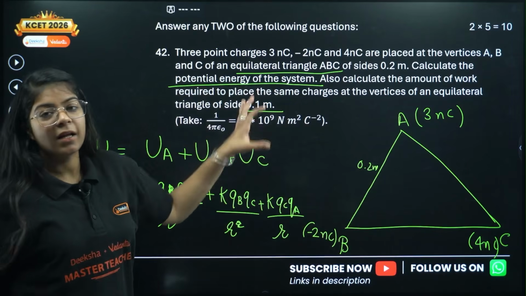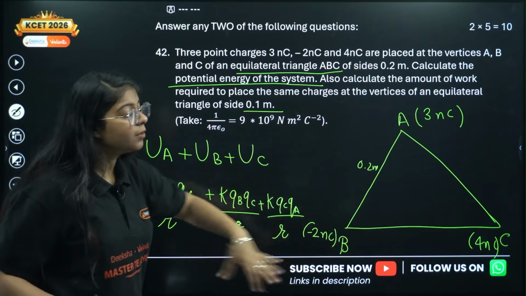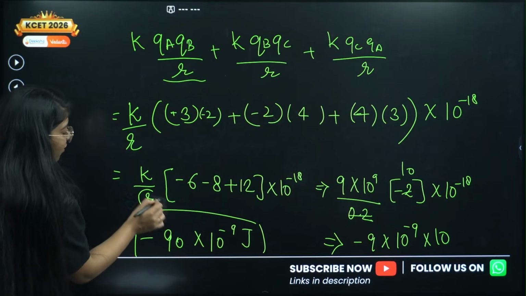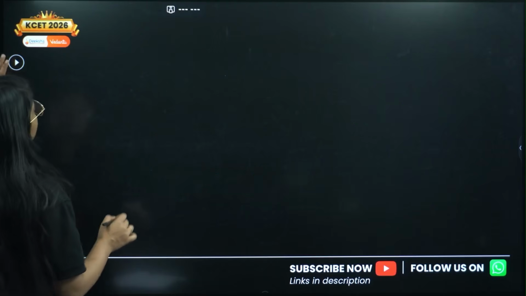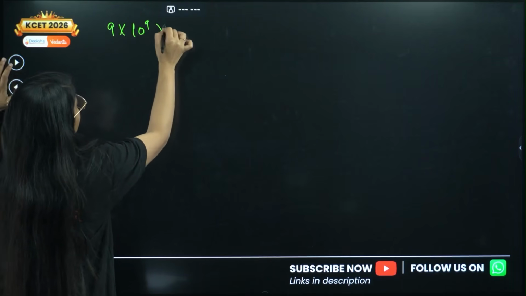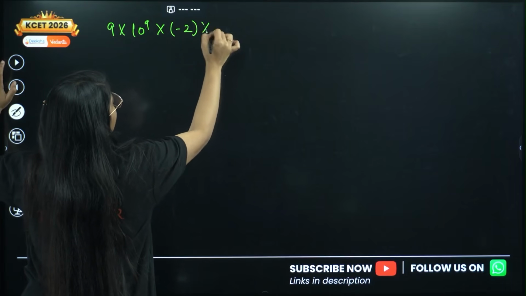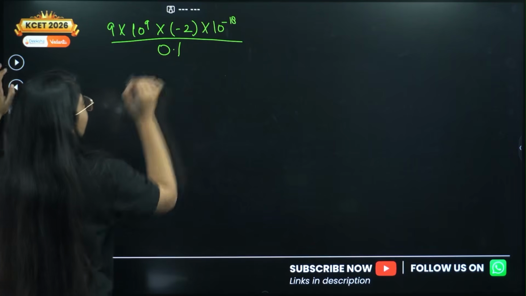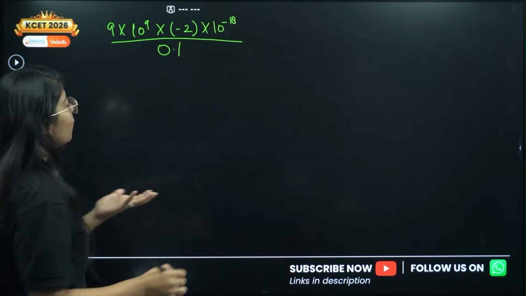The other triangle having 0.1 meter, for that everything will remain the same, just the value of R will change, right? So can we write 9 into 10 raised to the power 9 into -2 into 10 raised to the power minus 18 divided by, instead of 0.2, we will write 0.1.